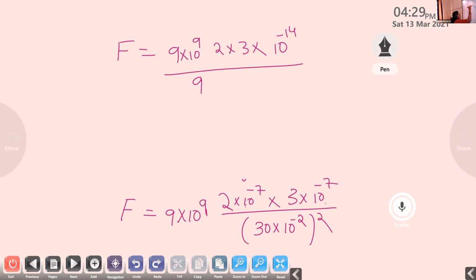So we can write 900 into 10 raised to minus 4, right? Again this 2 is cut by 100, it becomes 50.